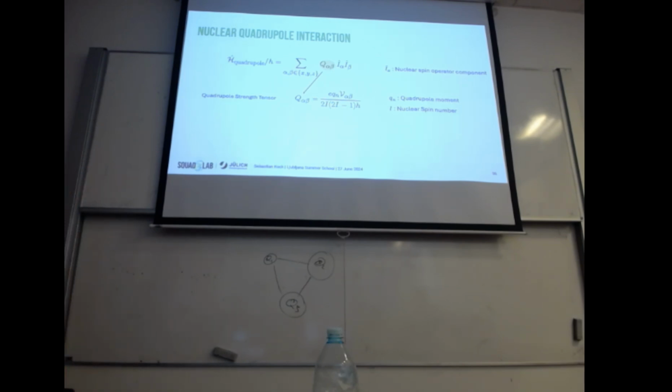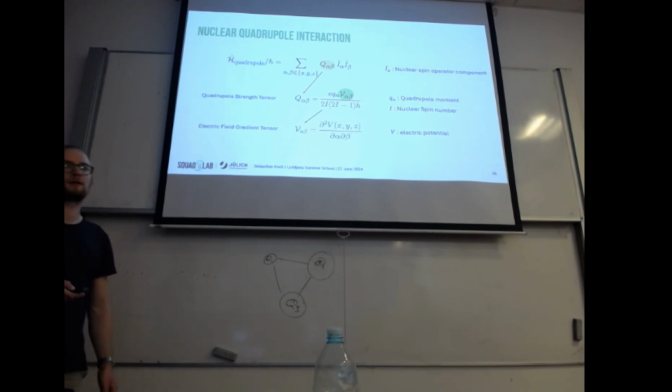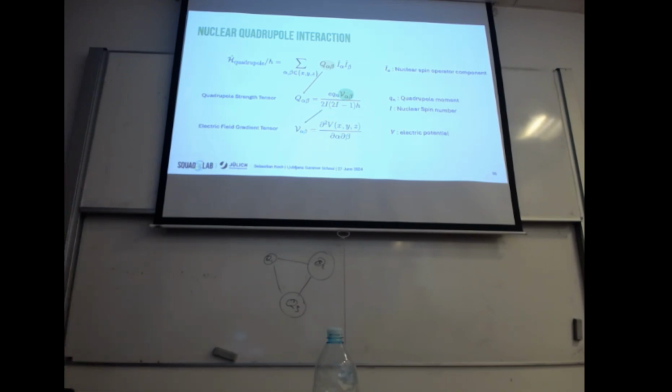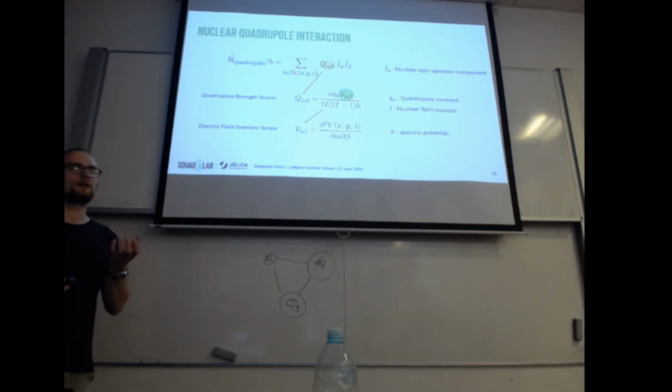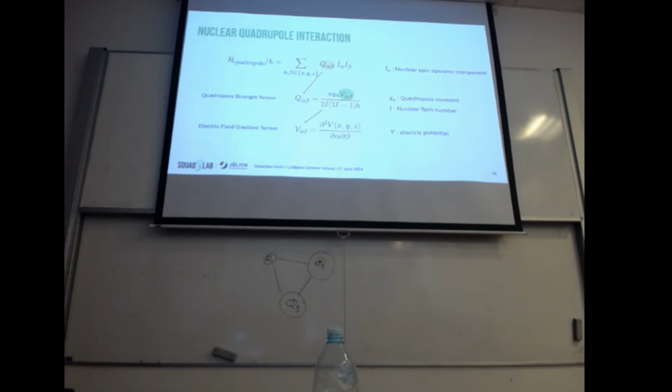And if you go further, this electric field gradient tensor is just the second derivative of the electric potential. You can calculate it classically, or in the end you will have to use DFT, but this is the important part. And we want to connect everything to the mechanical oscillation, right? So how does this connect?